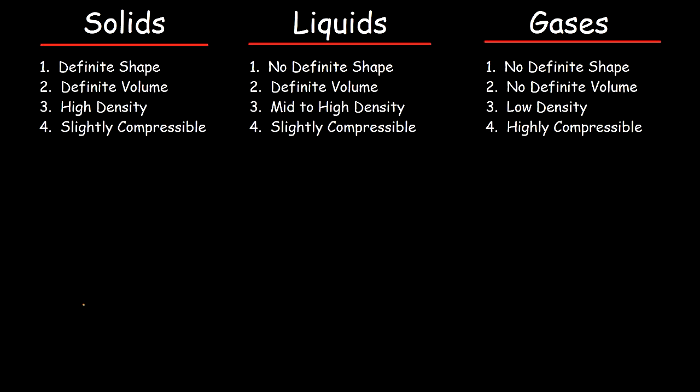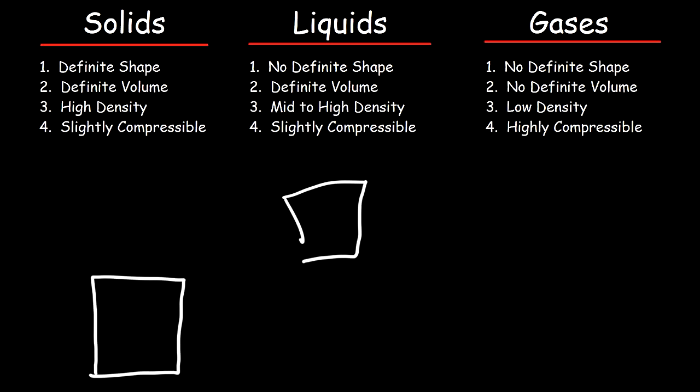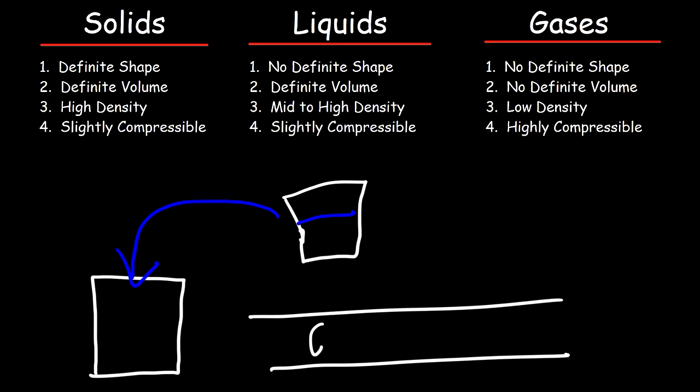A liquid can flow. So let's say if I have a cup, I can take another cup and pour liquid into it. Gases can flow too. Let's say if you have a pipe and you have a gas in the pipe. The gas can flow through the pipe, but solids, they don't have that ability to flow.